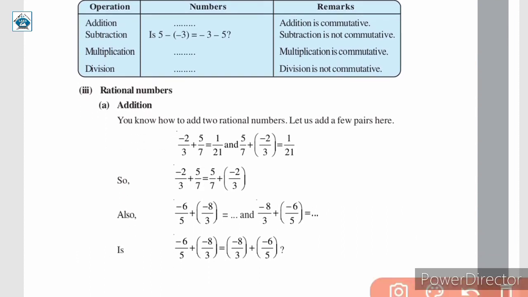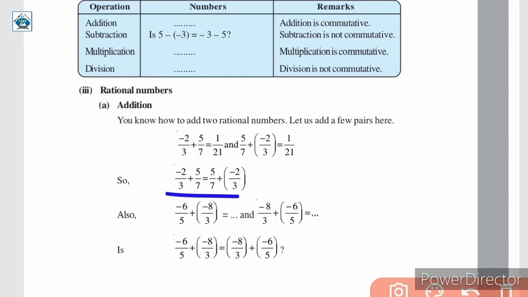In the similar manner, you are given this for rational numbers. Let us consider addition. Consider two rational numbers minus 2 by 3 and 5 by 7 and add them. The answer will be 1 upon 21. In the similar manner, when you add 5 by 7 with minus 2 by 3, the answer is once again 1 upon 21. So we can say that in this case a plus b is equal to b plus a.